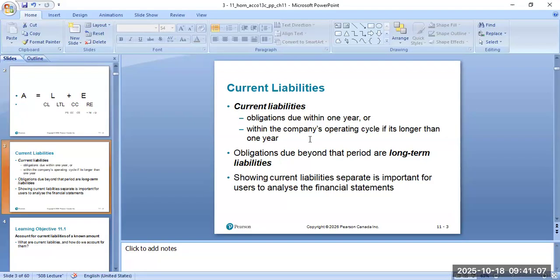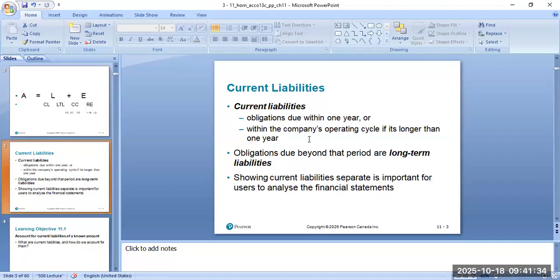The definition is: current liability is the obligation of the company which is due within 1 year or the current operating cycle, whichever is the longest. If the 1 year is longer than the operating cycle, that means 1 year. If the operating cycle is longer than 1 year, 365 days, then it's the operating cycle.